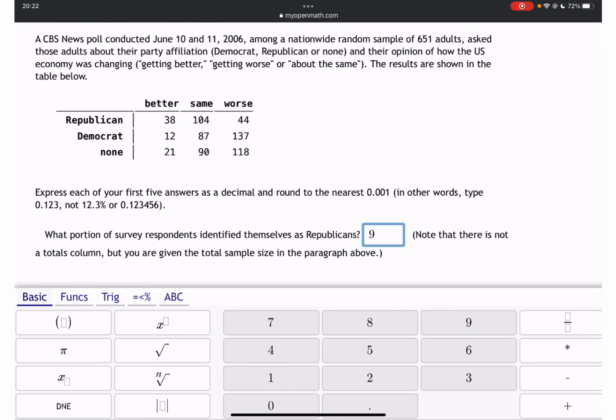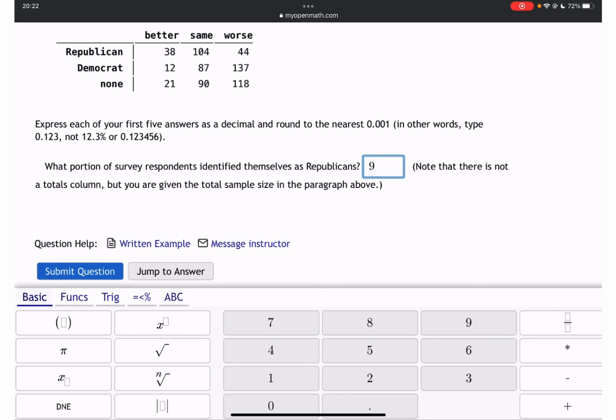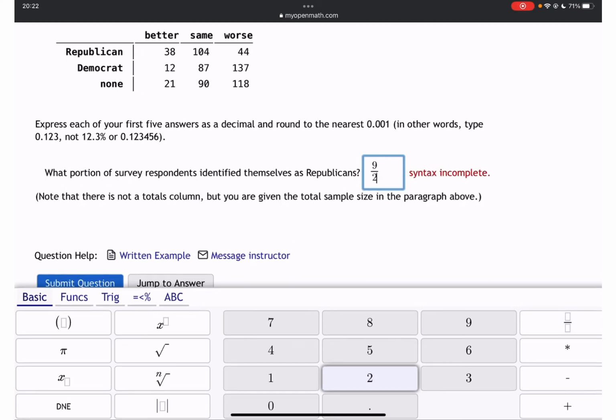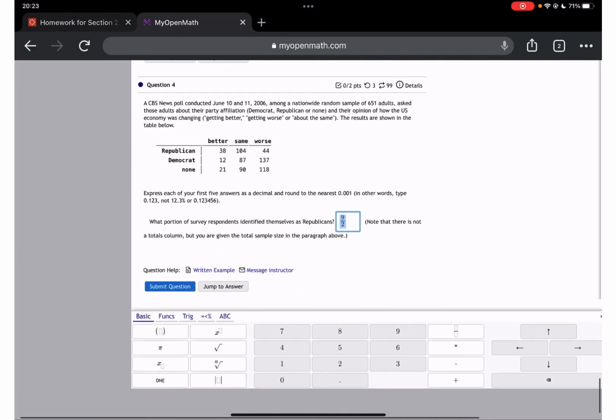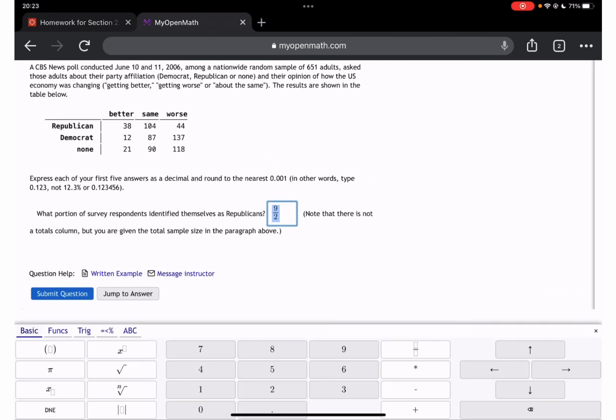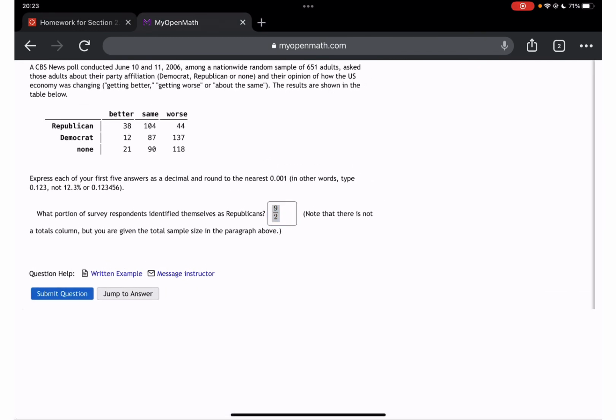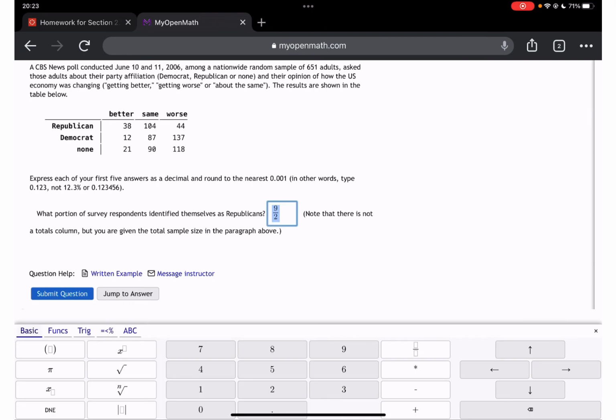Now let me clean this. How can I clean this? No. Okay, I cannot clean it, huh?